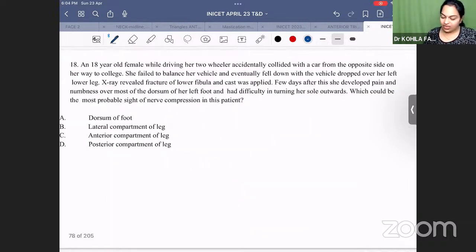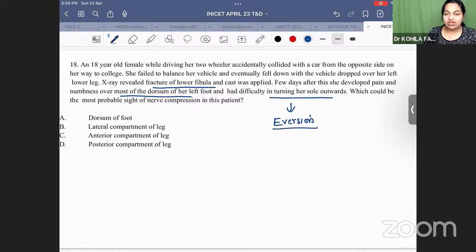Okay. This one, I'll just highlight the important thing. Fracture of the lower fibula, pain over most of the dorsum of the foot, difficulty in turning the sole outwards, which means eversion. So what are the muscles causing eversion?